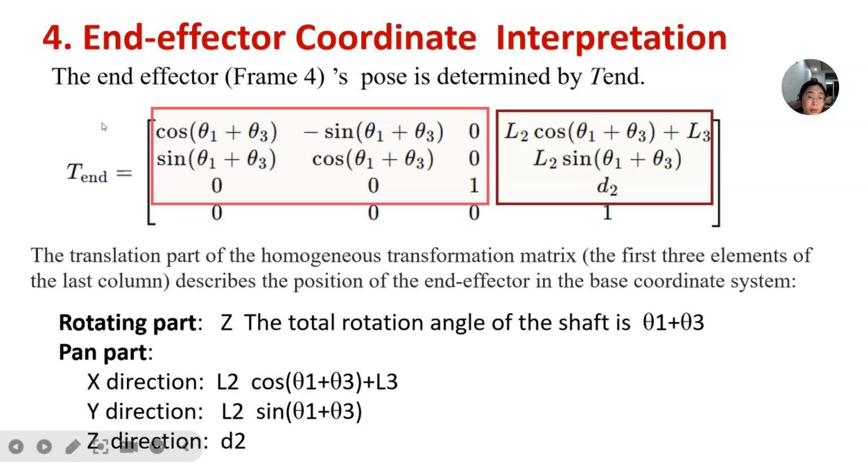Step 4, end effector pose interpretation. The end effector frame 4 pose is determined by T end.